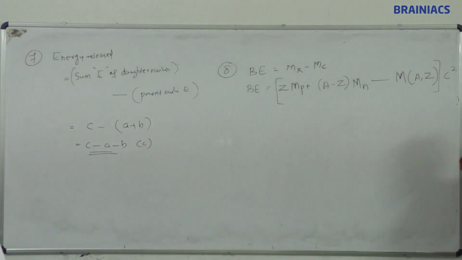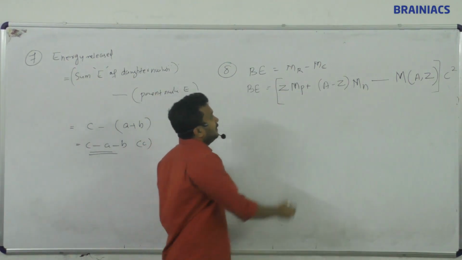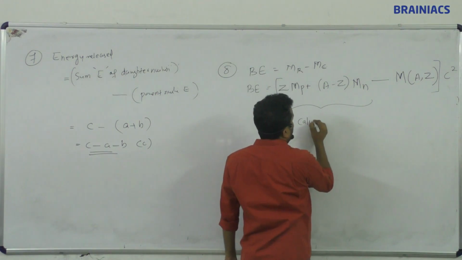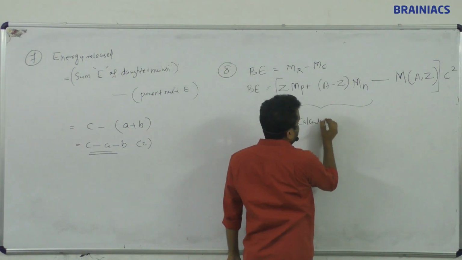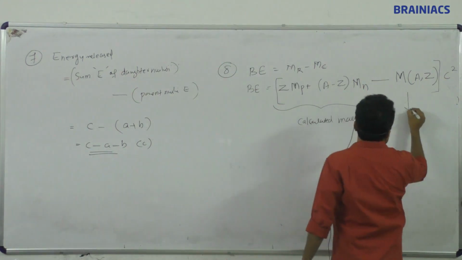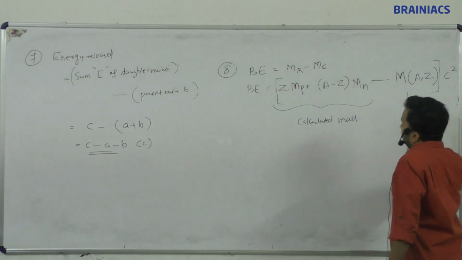This is the binding energy of the nucleus. But what do we need to find out? This is the rest mass, the calculated mass, and this is the experimental mass.